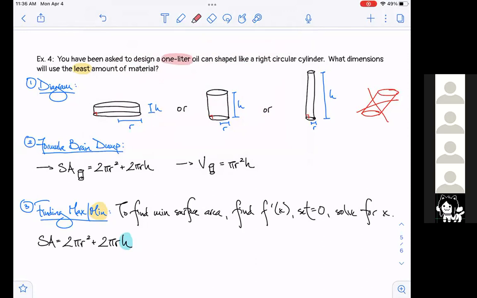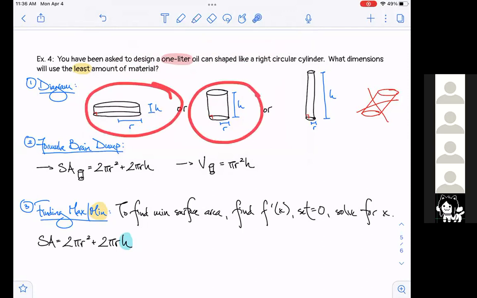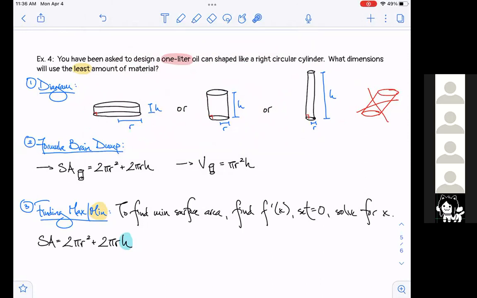Now, when we measure a height and a radius, do we measure that in liters? Like, the radius is a 1/2 a liter and the height is a 1/4 of a liter. Is that how we measure radius and height?